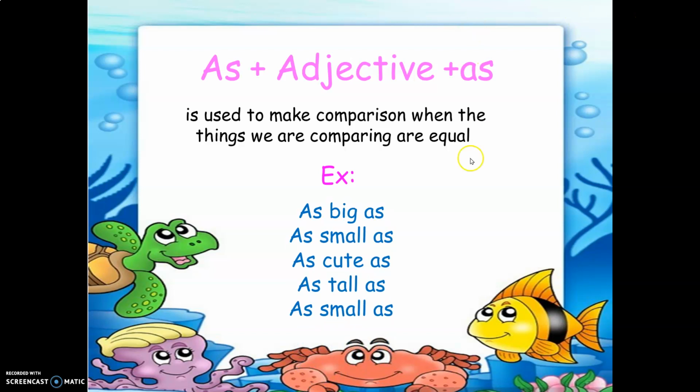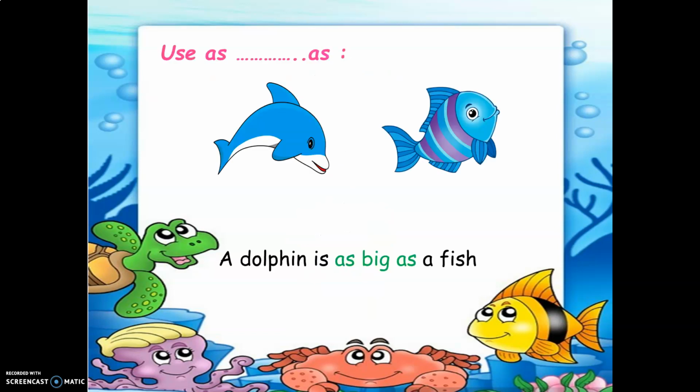We only add the adjective, without adding est, without adding er. Just add the adjective. We don't add er or est to the adjective. Okay, girls? Now use as adjective as.